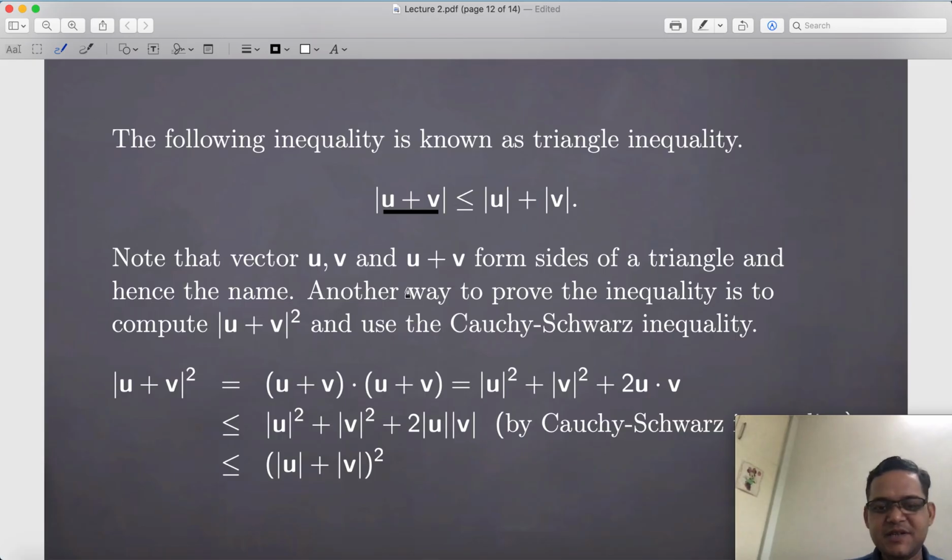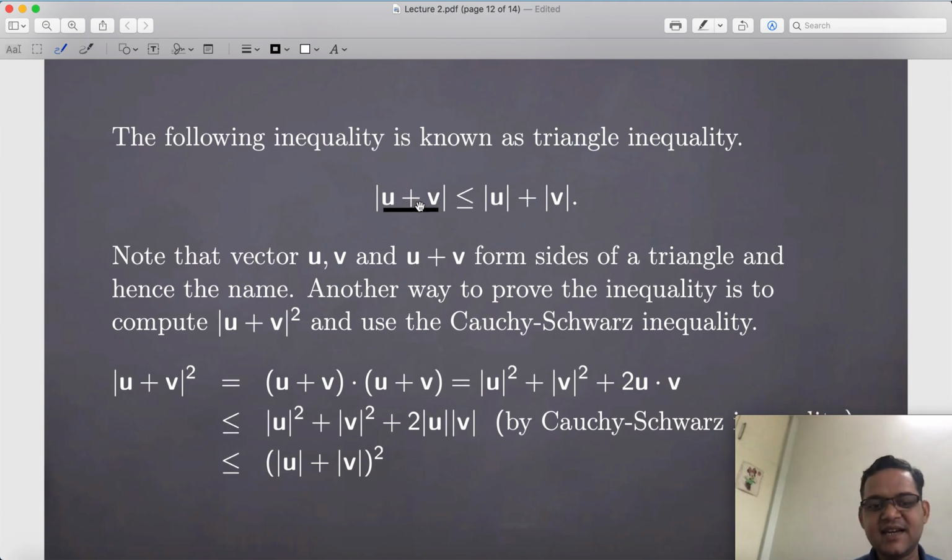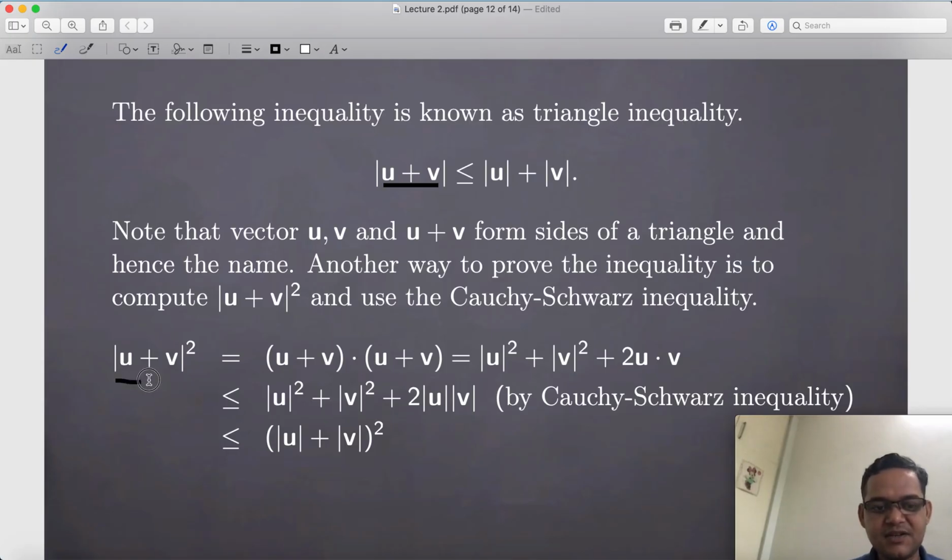Here we are just going to use the language of vectors. So we will compute this modulus. If I want to compute the modulus, I should actually do the modulus square, so that I can write it in terms of dot product. So I write modulus of u plus v square as the dot product of u plus v with itself.